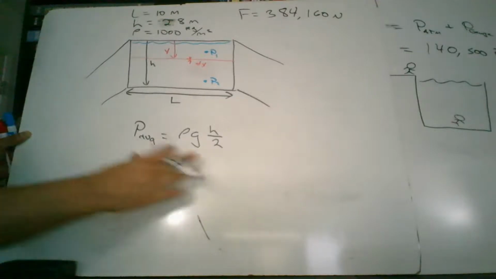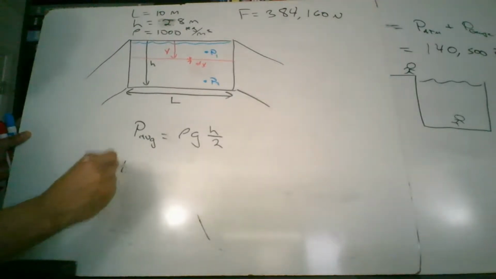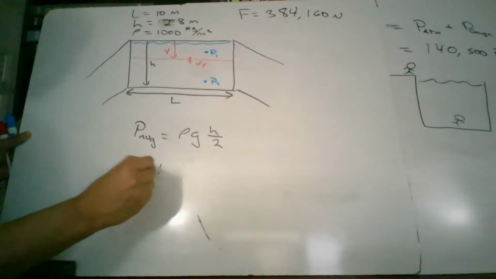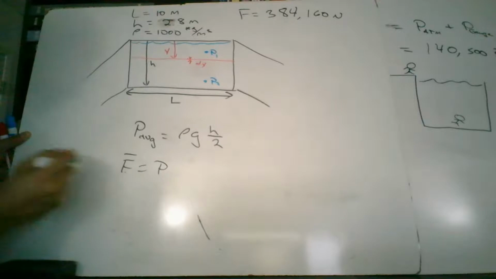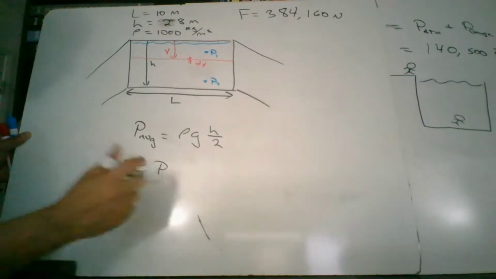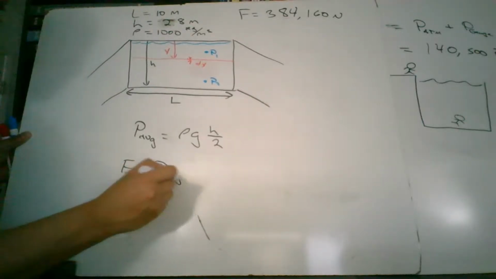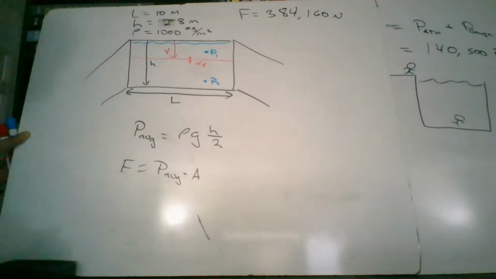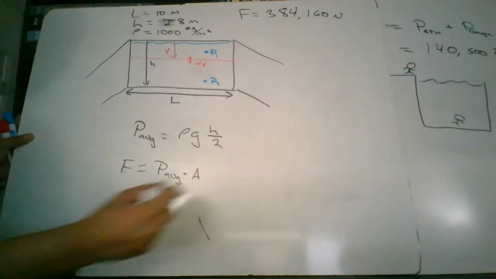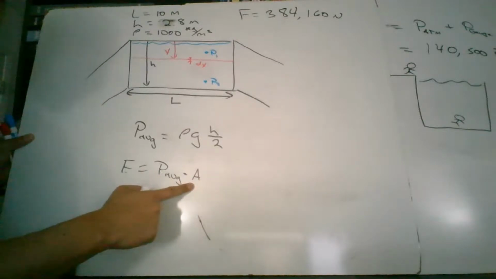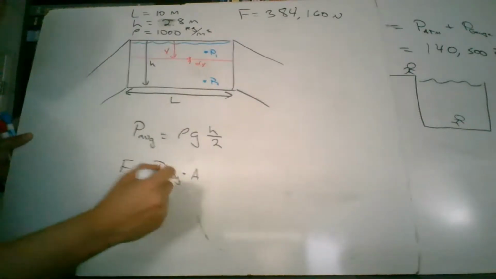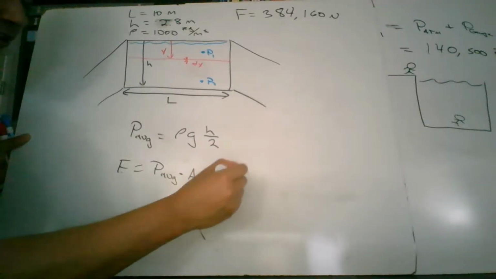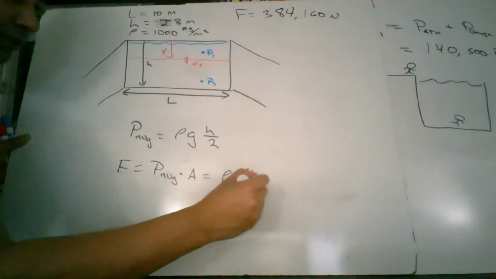And so what can we do with that? Well, force is equal to the average pressure times the area, A. So this would be the surface area of the wall. And that's equal to rho g h over 2.